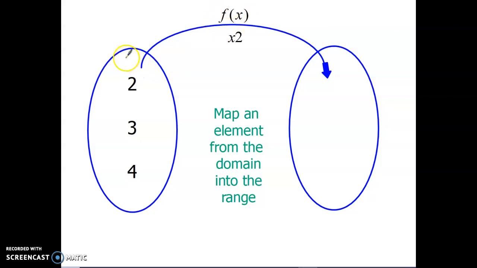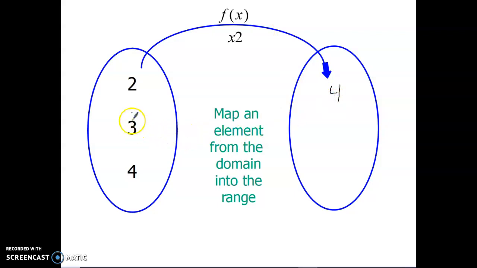And you were given diagrams such as this one that had two circles. We have on the left-hand side the domain, and on the right-hand side here, we have the range. What a function does is it takes an element of the domain and maps it into the range. So if my function is going to be multiplied by 2, I would take 2, multiply it by 2, and I get 4.